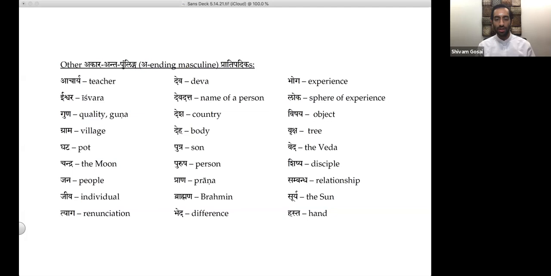Bhoga: Bhoge, Bhogayoho, Bhogeshu. Ishvara: Ishvare, Ishvarayoho, Ishvareshu. Devadatta, last one: Devadatte, Devadattayoho, Devadatteshu.